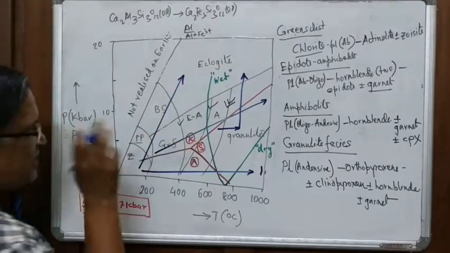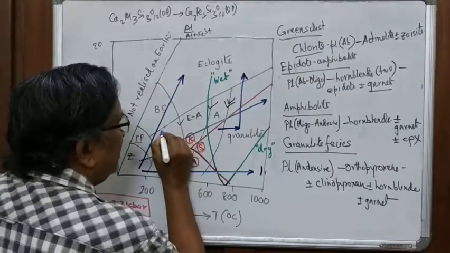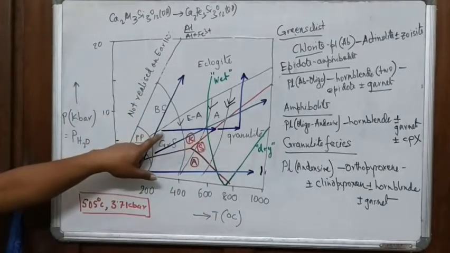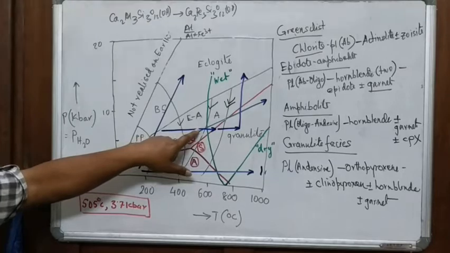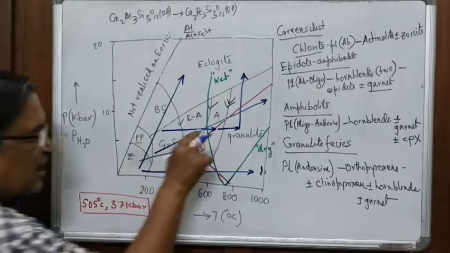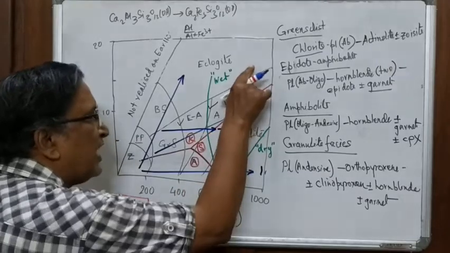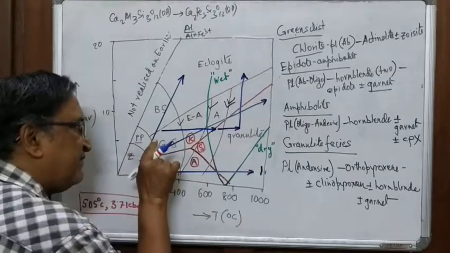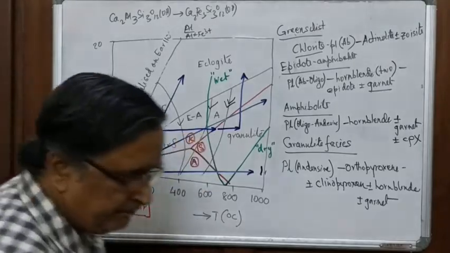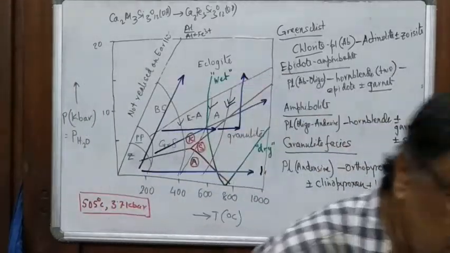And then later we will study greenschist facies to epidote amphibolite facies to amphibolite facies. But to begin with, we will start with amphibolite to granulite to eclogite, and then we will study greenschist to epidote amphibolite to amphibolite. Have you understood?